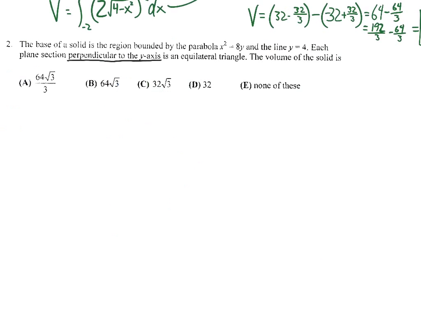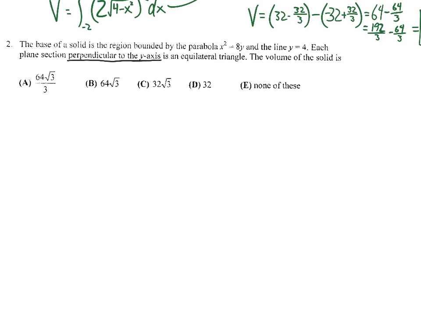Alright, let's go ahead and take a look at this one. Again, it tells us that it's perpendicular to the y-axis, so we need to have everything as functions of y, because we're going to integrate with respect to y.